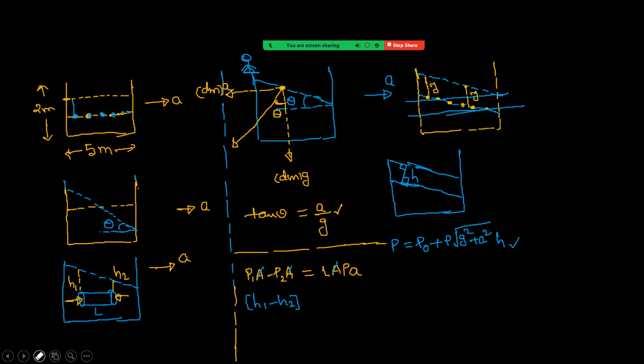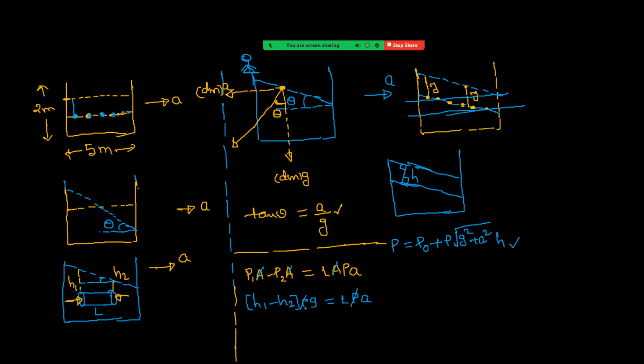So P1 minus P2 into rho g, that is equal to L rho A. Or you can see the relation tan theta equals A by G. If you see carefully, in this triangle, this is angle theta, and tan theta equals this H1 minus H2 by L. So H1 minus H2 by L is equal to tan theta. Here rho and rho get cancelled.